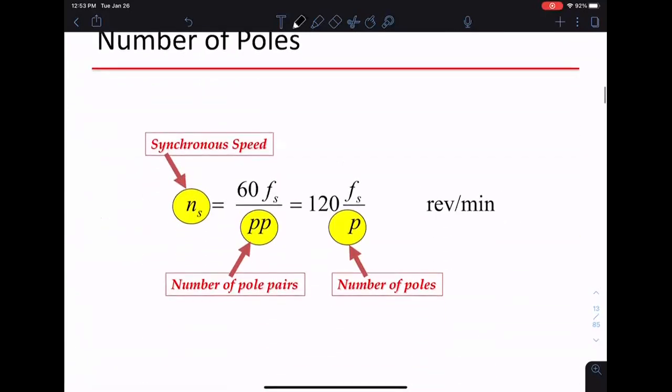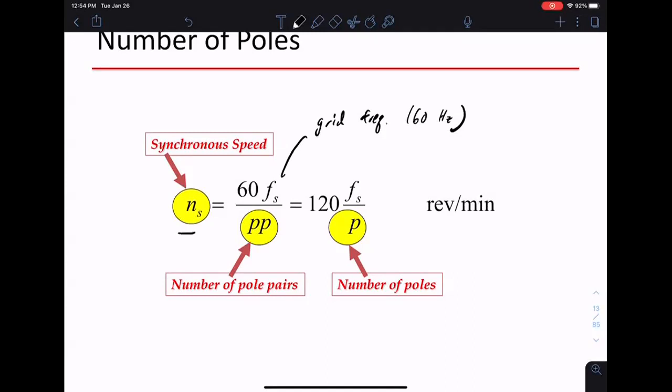So the equation, which you should all have seen many, many times in 351, is this equation. The synchronous speed is 60 times Fs, where Fs is the grid frequency, so 60 hertz, divided by the number of pole pairs, or 120 times the grid frequency divided by the number of poles.